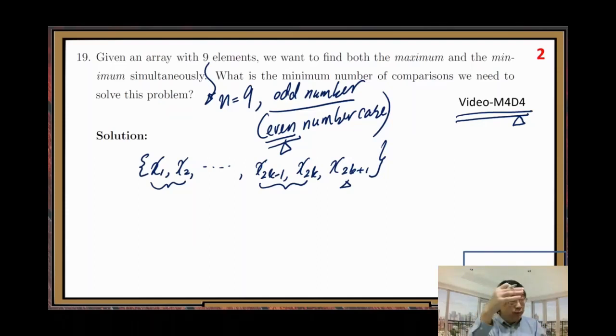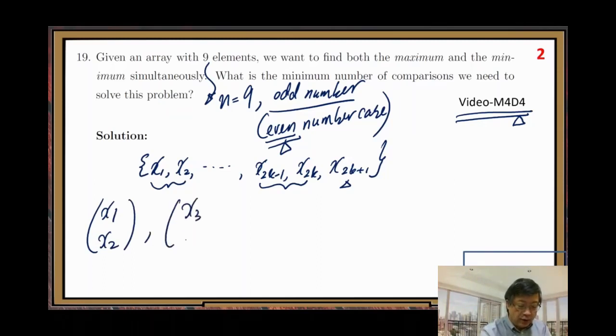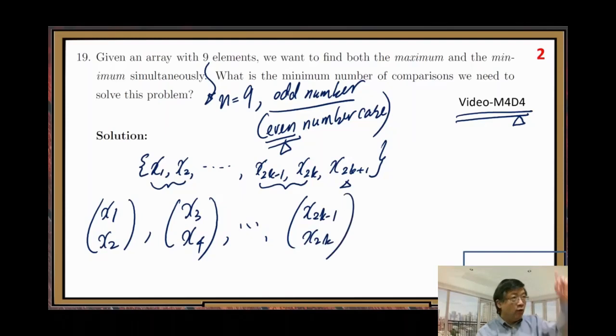Then we do comparisons based on pairs, right? X1, X2, do one comparison. X3, X4, another comparison, and so on. The last pair, X2k minus 1, X2k, one comparison.